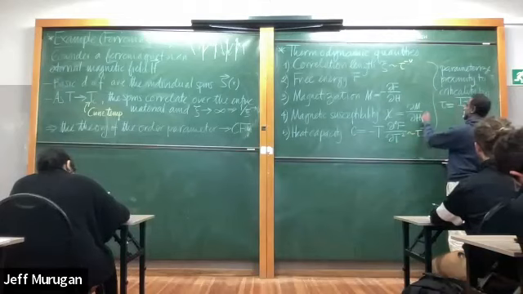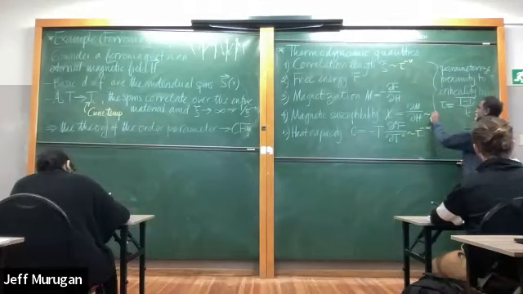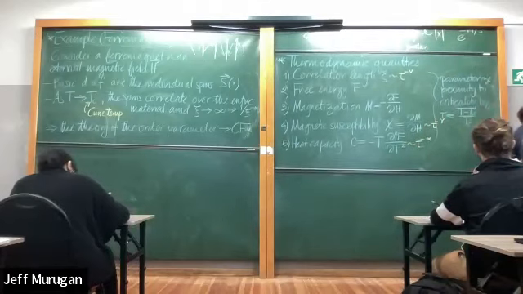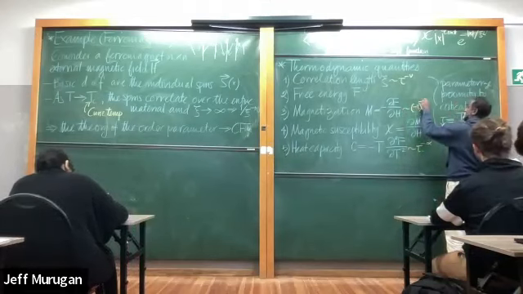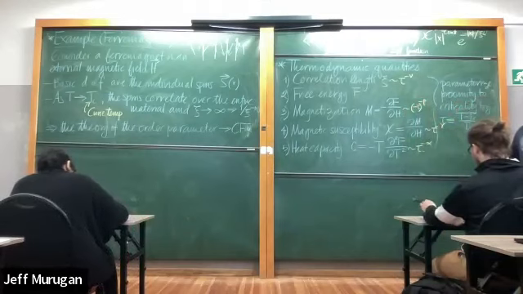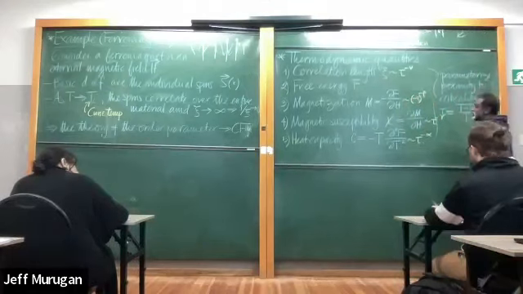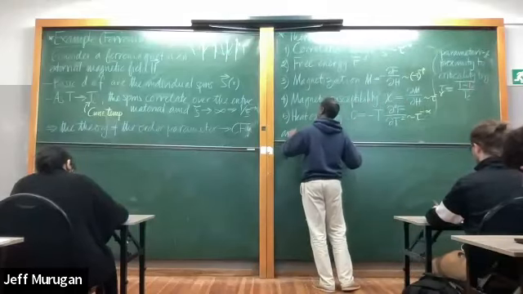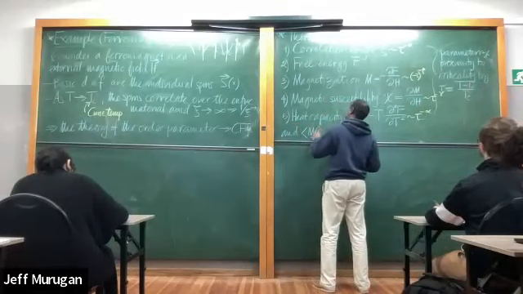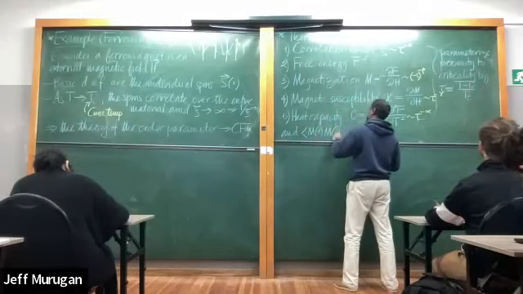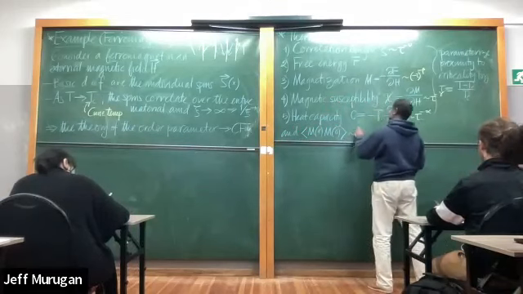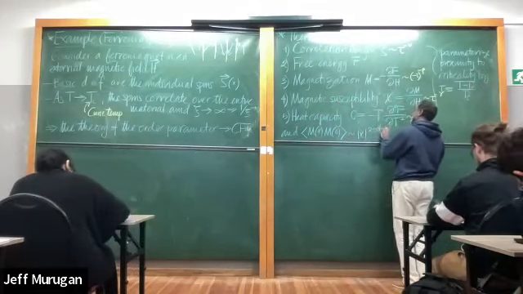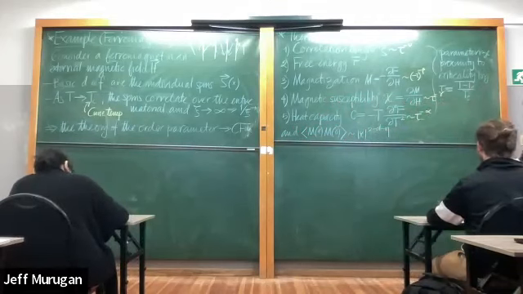The susceptibility goes like tau to the minus gamma, and the magnetization goes like minus tau to the beta, and the three-point function of M at X and 0, remember M is our order parameter, goes like X to the 2 minus the dimension plus minus some eta.